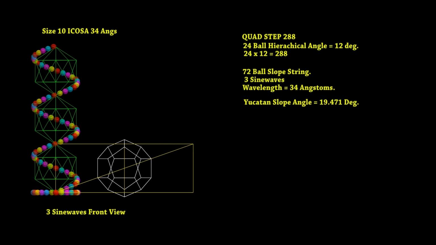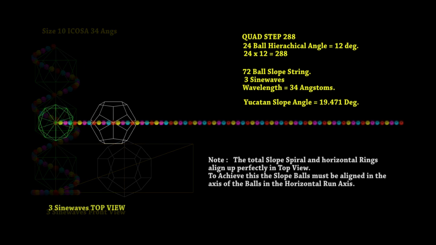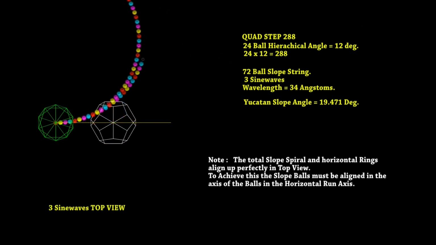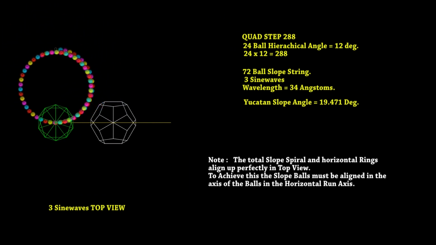Okay, now I'm going to show you this animation in the top view. Now you can see that the slope and the horizontal ring, the balls are lining up perfect. Now this only happens if the slope balls are lined up to the run balls in a perfect vertical axis.